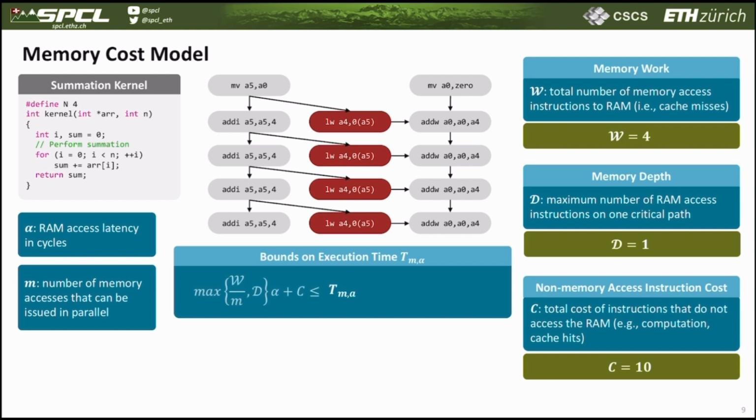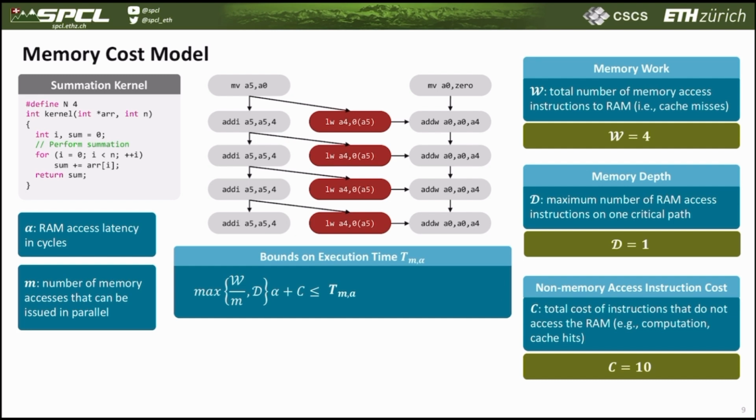So then we can apply the same bounds that we've seen before. So we can now say, depending not on P, which before was the number of processors, but depending on the number of parallel issue slots we have, we can execute this memory work faster, depending on how the graph looks.